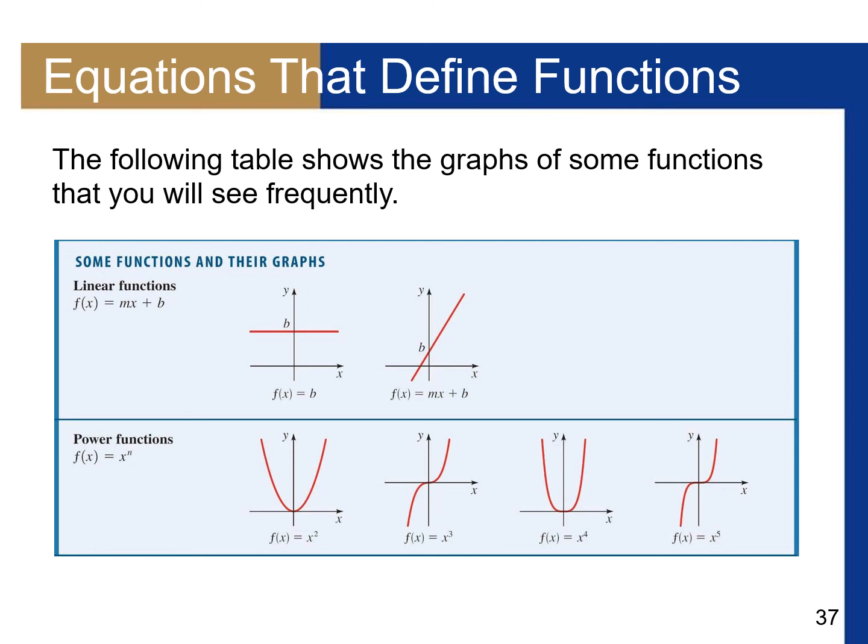Once again, these are some more functions and their graphs. This is your horizontal function, which would be like y equals 5 or y equals 3 or something like that. Here's our y equals mx plus b, f of x equals mx plus b. And this is our parent function for our quadratic.